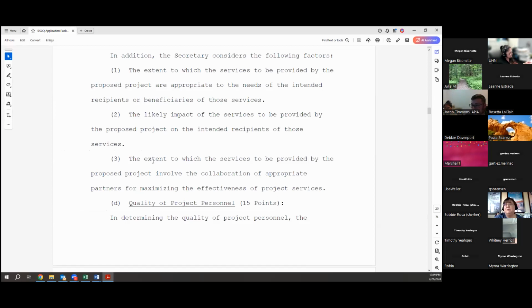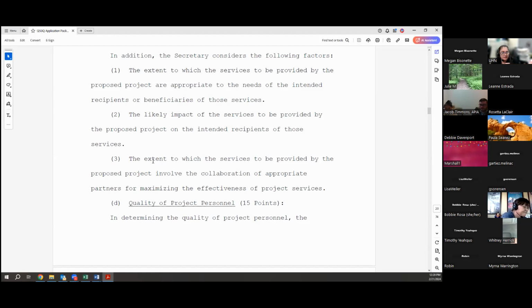I'm looking at our number 2B. We talked about the impact of services. So we actually talked about how many people we were proposing to serve that would then be achieving outcomes and that kind of stuff.